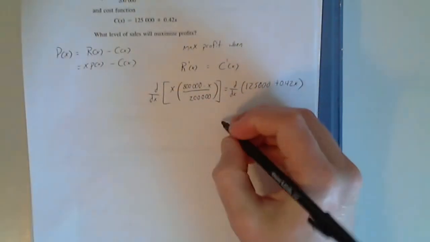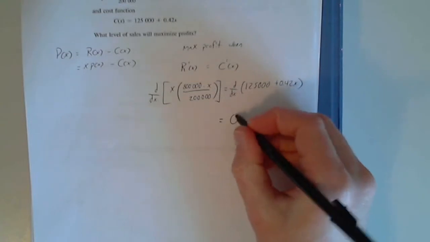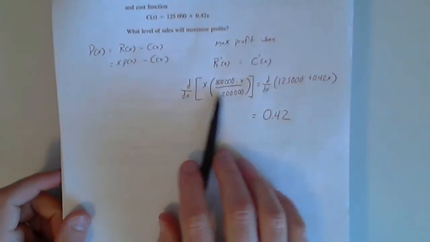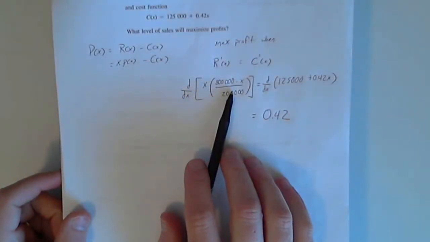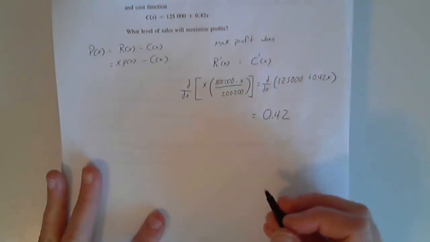Now the right side is actually very, very easy. The derivative of this is just 0.42. Everything else just gets dropped. This guy we want to simplify first, which would make things nicer. So let's bring the x inside to turn it into a polynomial.